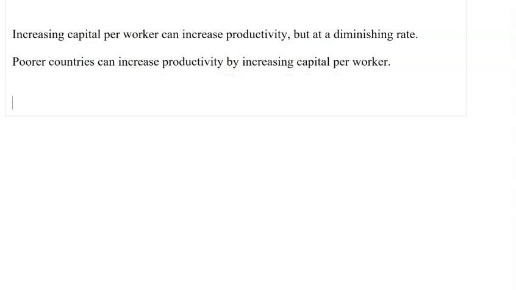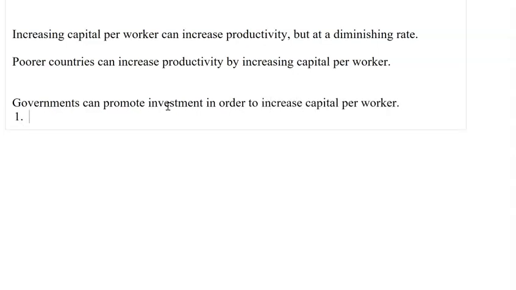Now, how would they do that? Well, as we said in an earlier lecture on GDP, investment means creating capital for production of more goods and services. So governments can promote investment in order to increase capital per worker.